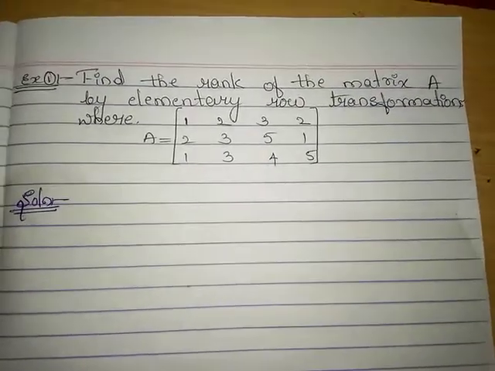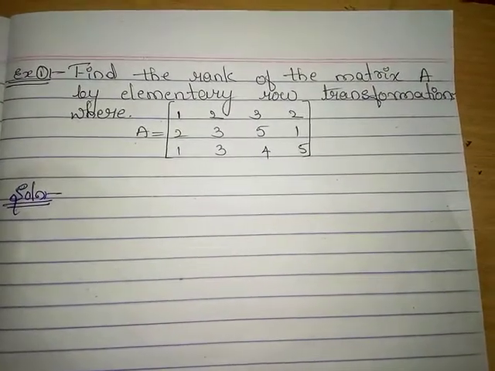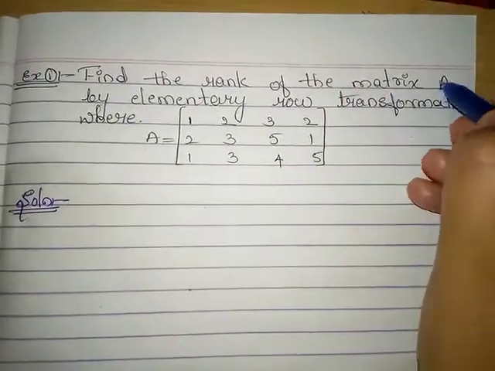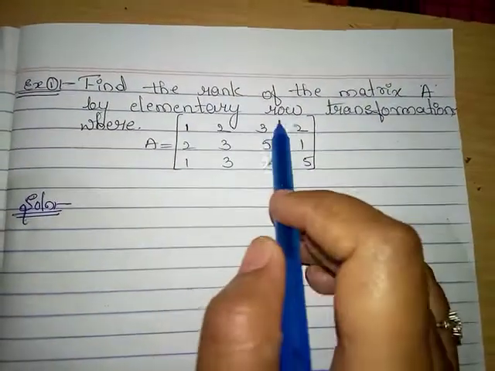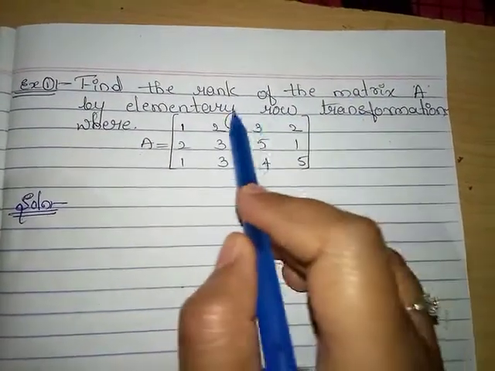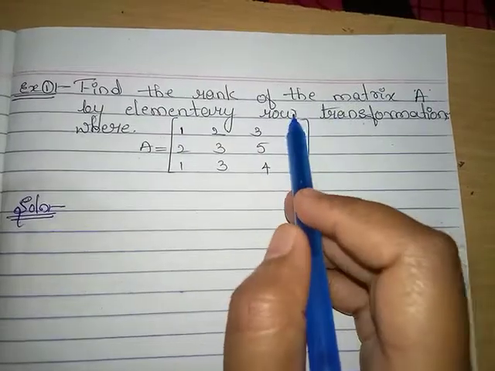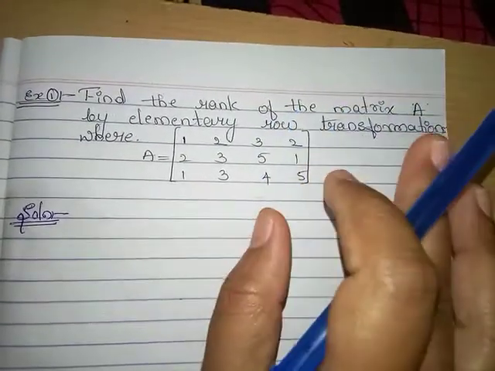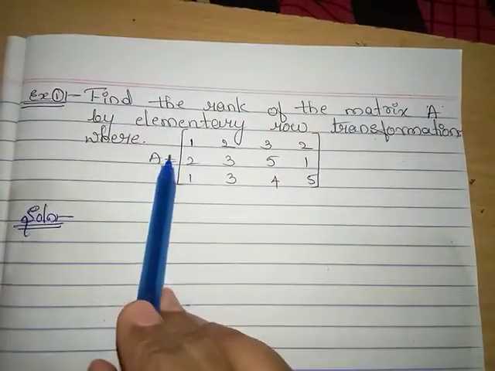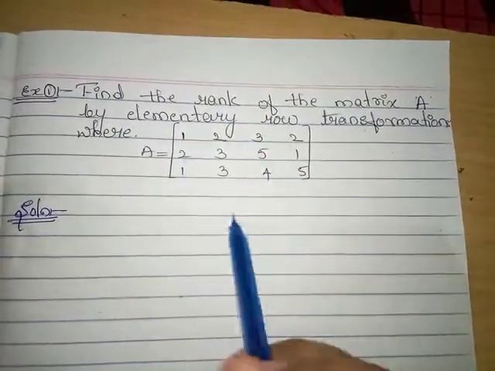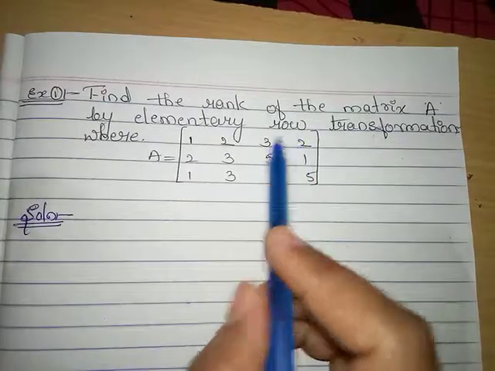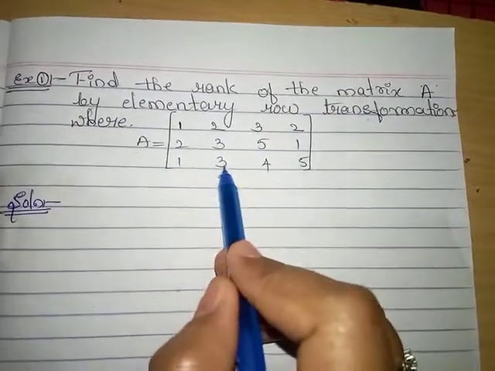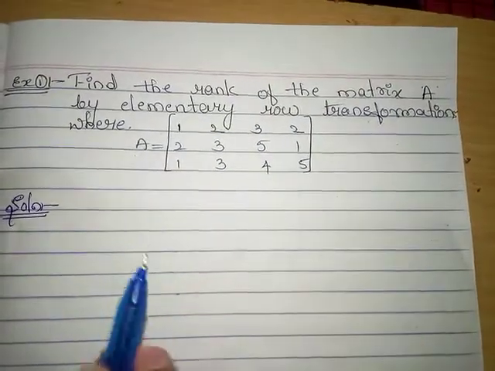Example 1. Find the rank of the matrix A by elementary row transformations, which means we only apply row transformations, not column transformations, where A is the matrix with rows 1 2 3 2, 2 3 5 1, and 1 3 4 5.